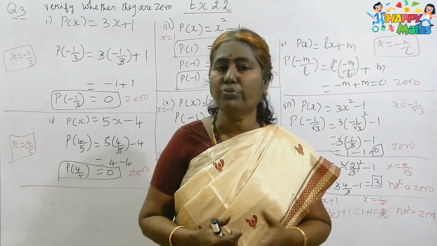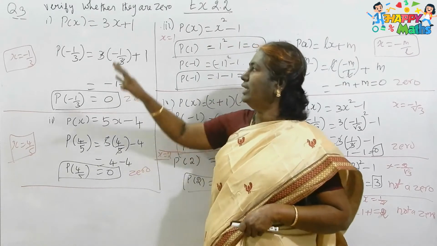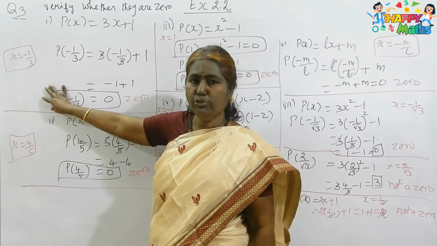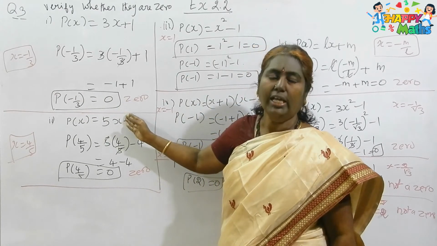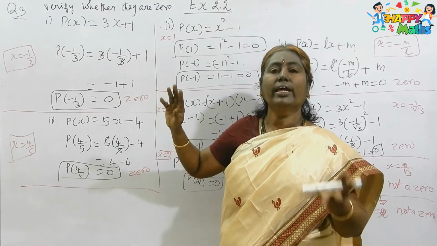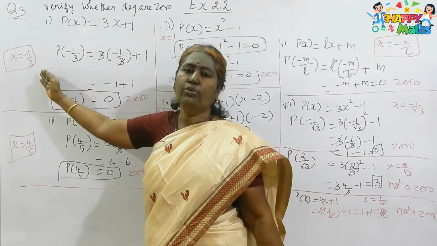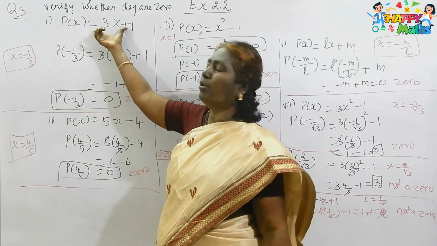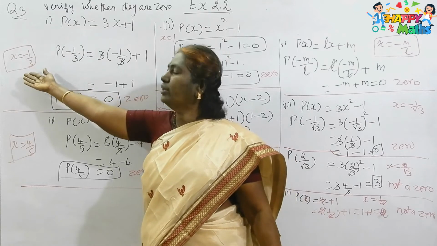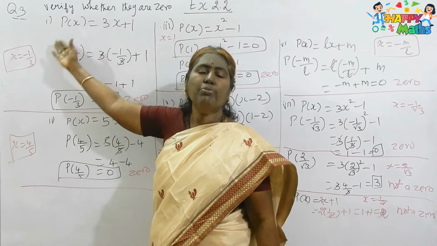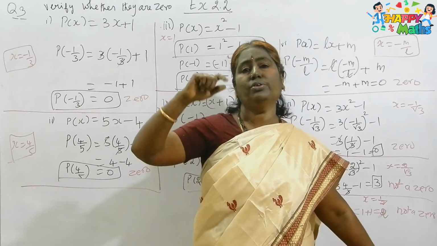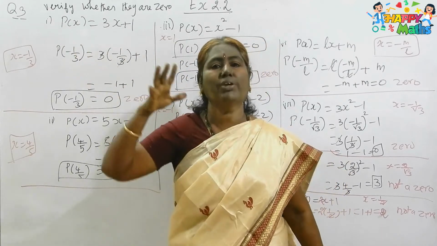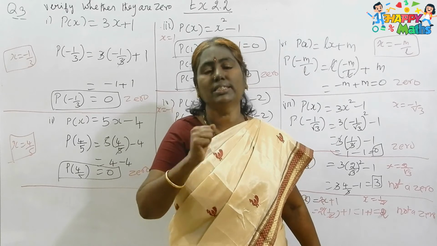In the question number 4 video, here they have given the value to you and asked you to verify whether it is a 0 or not. In question number 4, they ask you to find out this value only. By giving this polynomial, they ask you to find out the 0 of the polynomial. What value, if you substitute it in the place of x in the polynomial, will give you 0?